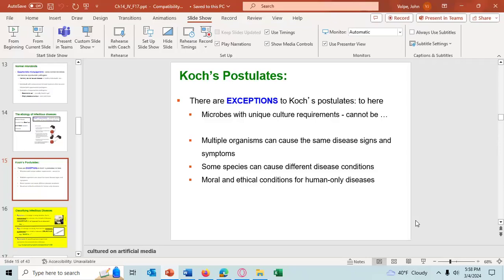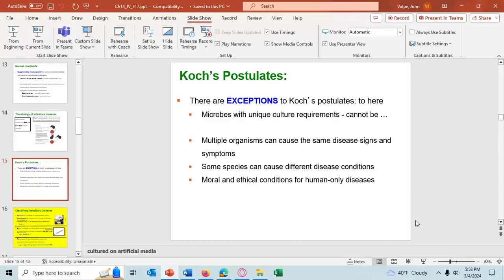And they could never figure out what they needed to add to the media to get Treponema pallidum, the microbe that causes syphilis, to grow in tissue culture. And only recently, less than 10 years ago, have they finally solved this problem of what they need to add to the media to get Treponema pallidum to grow. So now we can get it to grow in tissue culture.